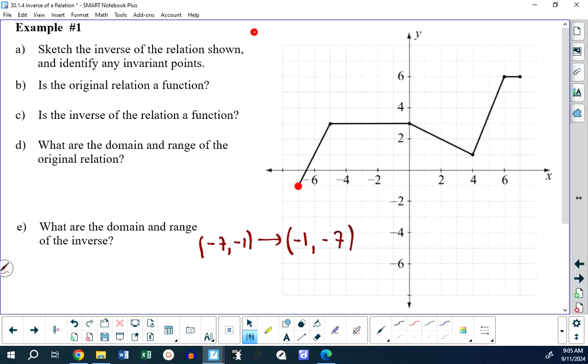Now I'm going to erase this because it's going to be kind of in my way. But if you need to look at it visually on paper, that's not a bad idea to avoid mistakes. So all I need to do now is swap those numbers, and it will be at -1, -7. So it's going to be here.